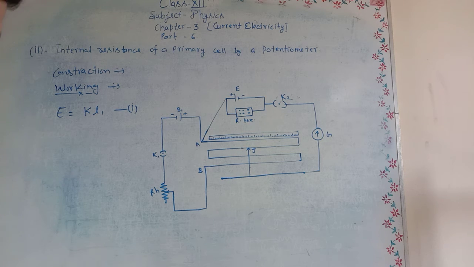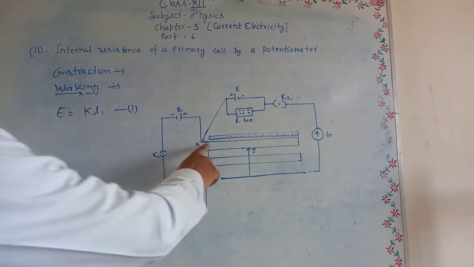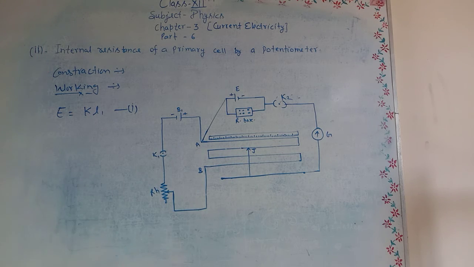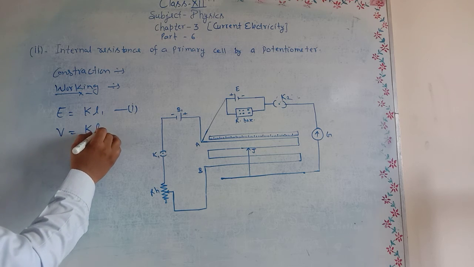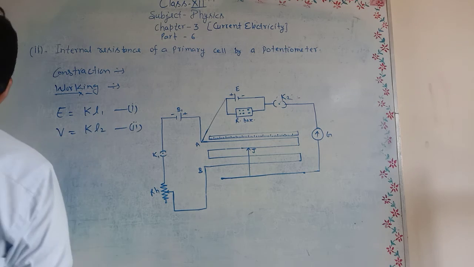Move the jockey along the wire AB till the balancing point. If the balancing point is at length L2 from the end A of the wire, then the terminal potential V is equal to K L2, equation number 2.